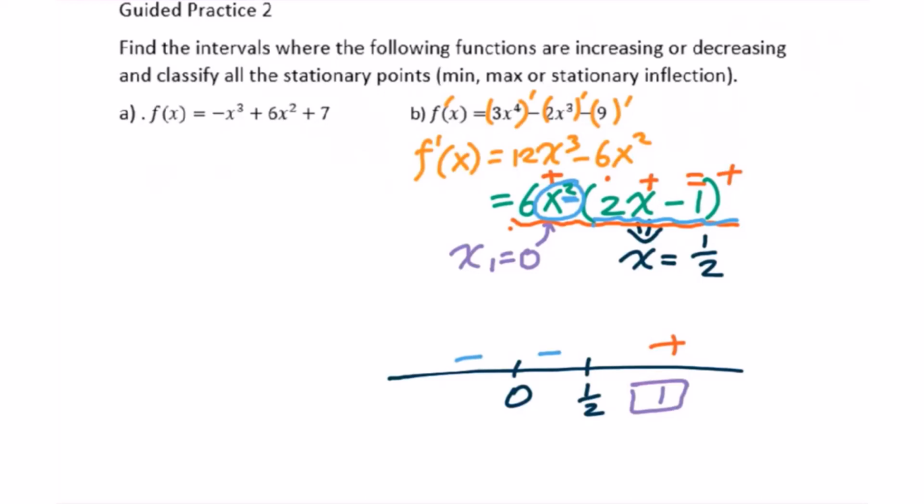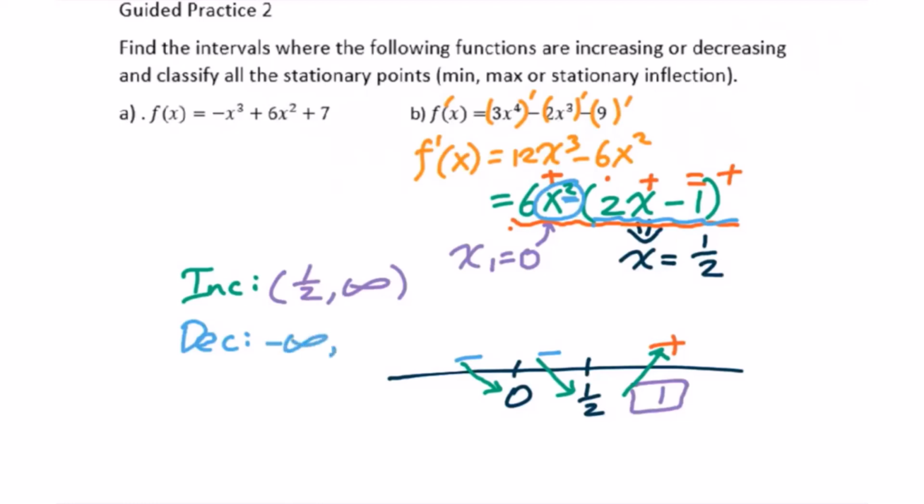Therefore, we can write down the increasing interval. That's over here. This is decreasing. This is decreasing. So for the increasing interval, that will be 1 half to infinity. For the decreasing interval, that is from negative infinity to 0, then from 0 to 1 half.